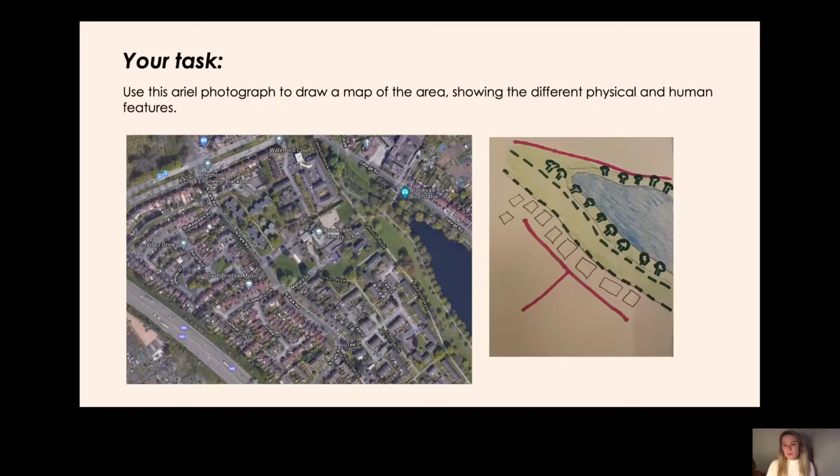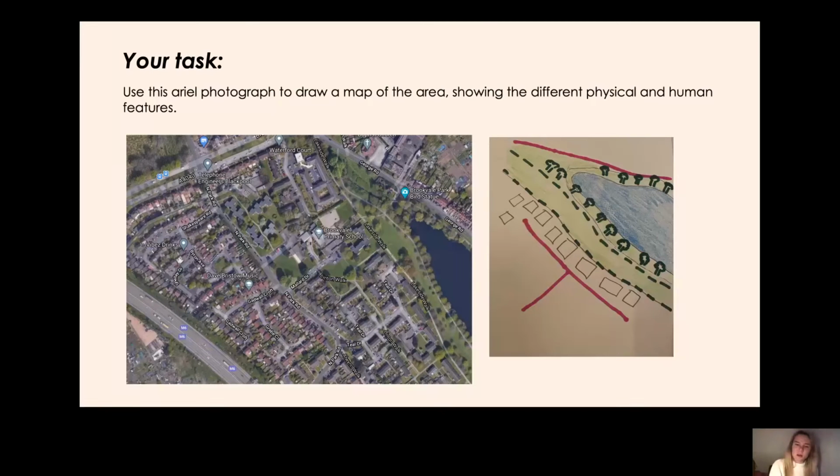And then I've also done a green dotted line, and that shows the footpath that we can see next to the lake, that you can walk on. When you come out of school, after school, you walk down that footpath, most of you.